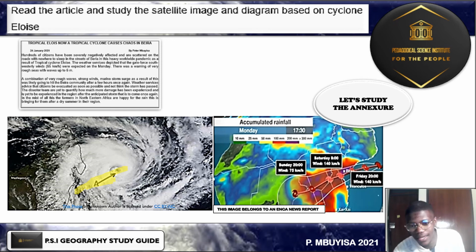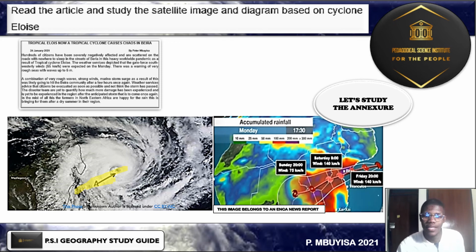Remember that. And again, we have a satellite or kind of a forecast showing you how wind direction and wind speeds developed over time. So that's something that you need to take note of.